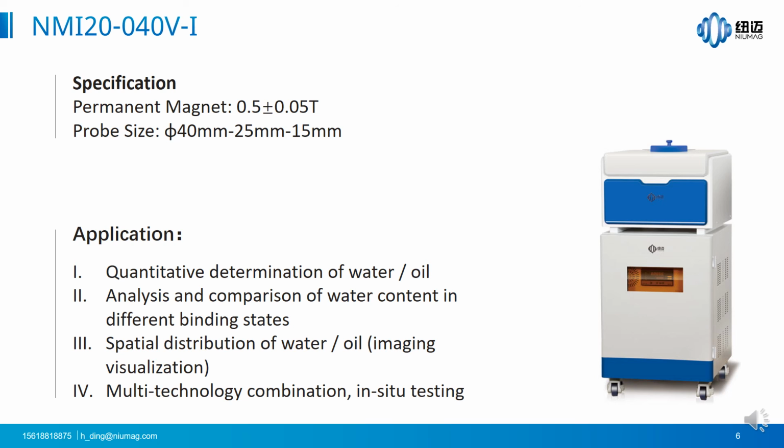The probe of this instrument is optional, either 40 millimeter or 25 millimeter or 15 millimeter. The customers can test different sized samples. It can also be equipped with variable temperature equipment. The latest technology goes from minus 50 degrees to 200 degrees.